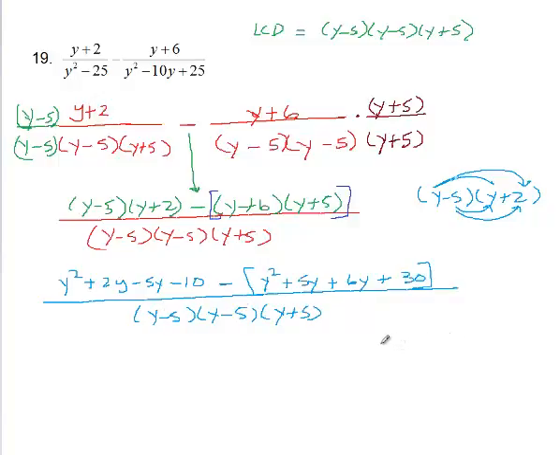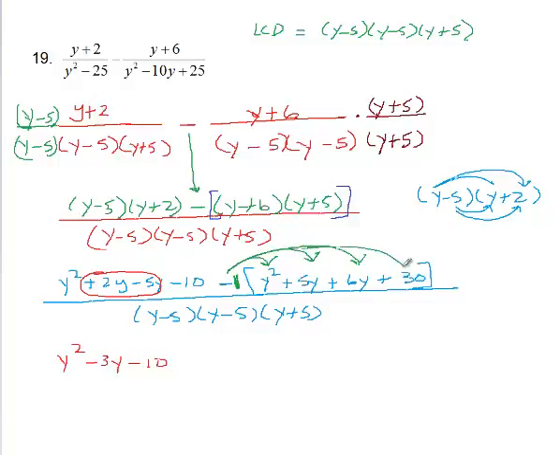Now, let's see if we can tidy up the top. I can see I could add these two here if I want to at this stage. You can also add them after. I'll add them now to get minus 3y minus 10. Now here comes the tricky part. Well, not tricky, you just have to be aware of it. That's like having minus 1 in front and it has to be distributed through each sign.